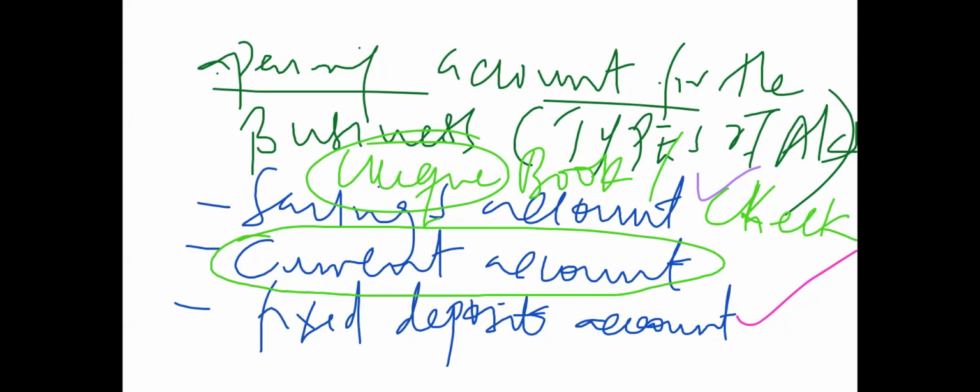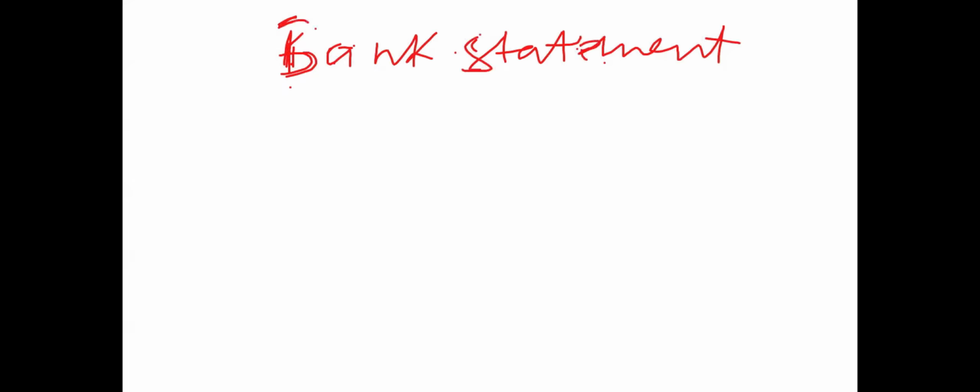Maybe for those who may not actually know, but even if you don't know, this is how the question is going to be. Most of the time it's going to appear in this kind of format. So let's look at the bank statement.